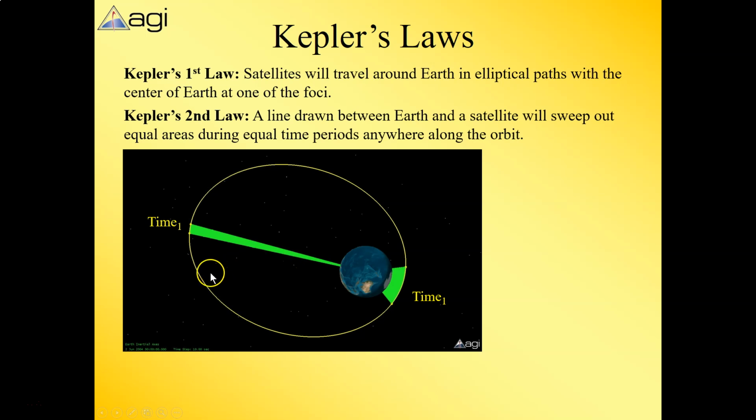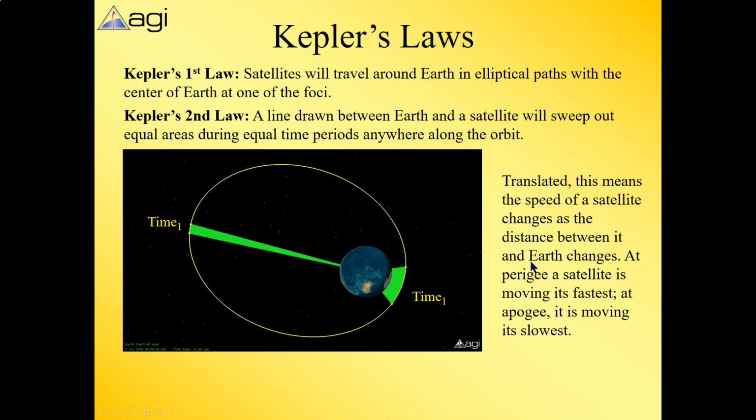First law says they're going to move in elliptical paths, with the Earth being one of the foci. The second law says that the areas they sweep out are equal. No matter where they are, if we use the same amount of time, the area that it sweeps is the same.